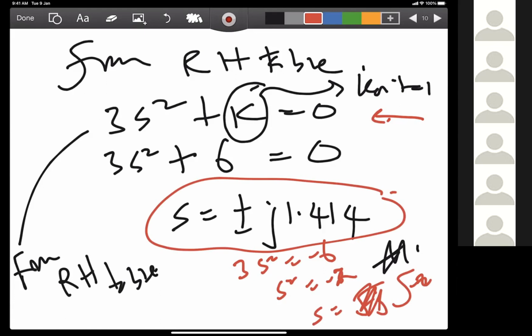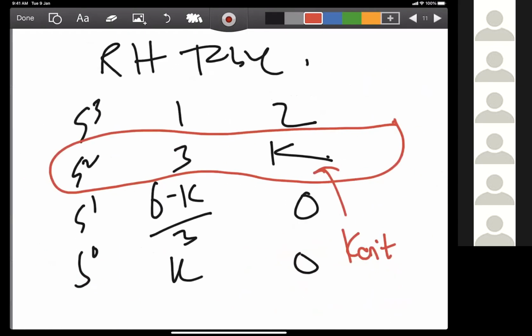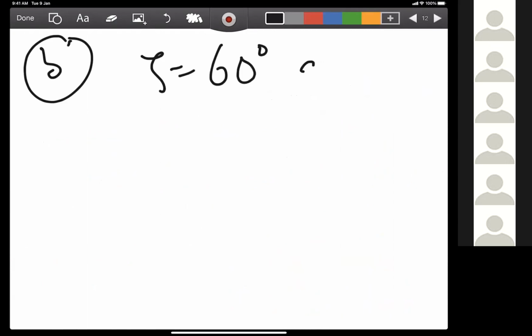Part B, still the same question. It's given damping ratio 60 degrees. Fahad, what is theta?